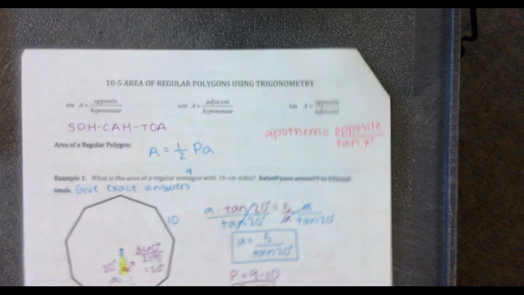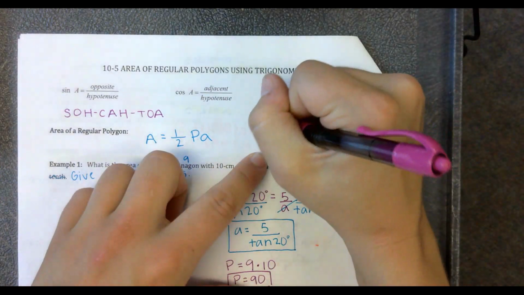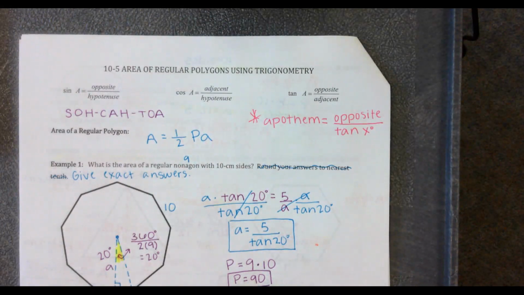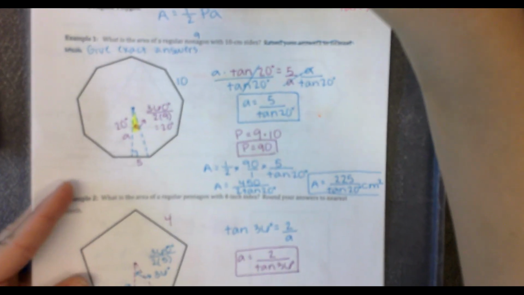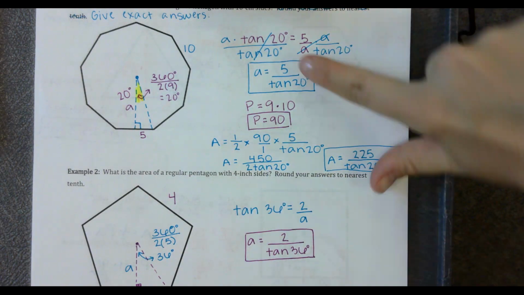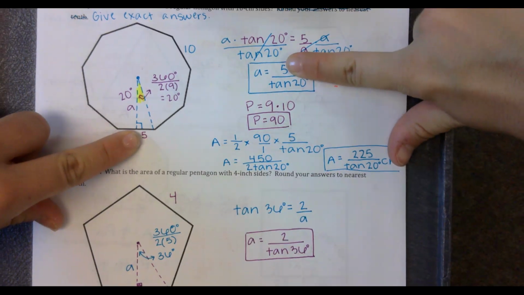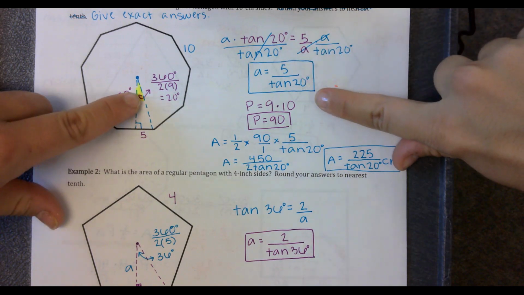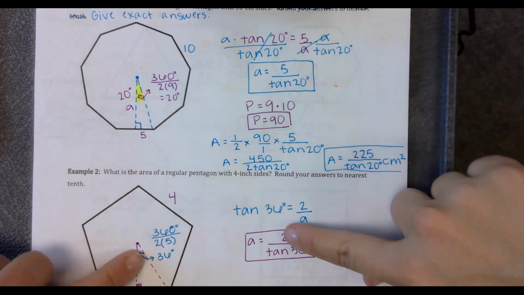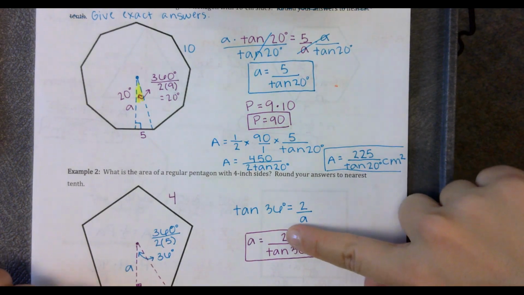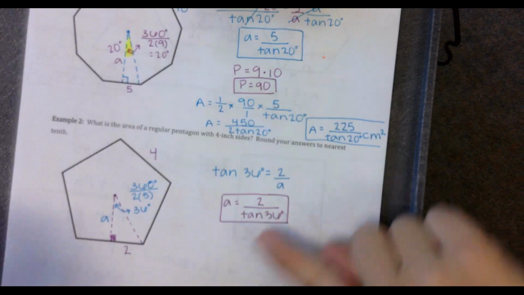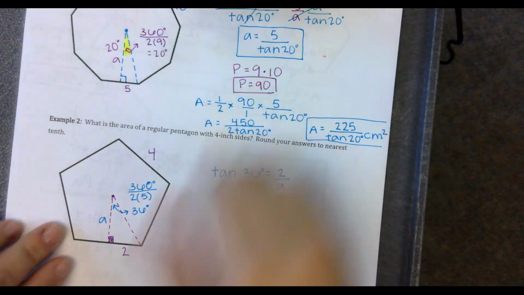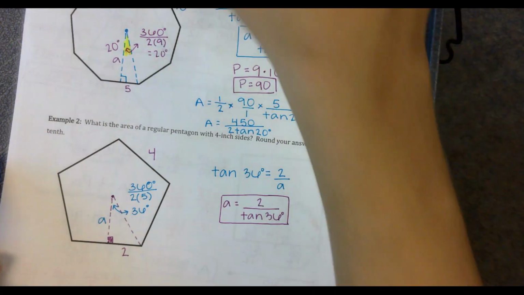If you want to use this and let it help you, you can, but you can just do the same steps that we had. But I want you to notice in both of these examples, the apothem is equal to the side divided by the tan of the angle. If you want, I'll write that on the board when we finish here too.